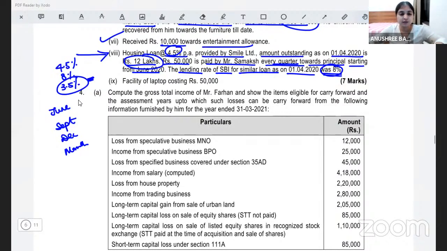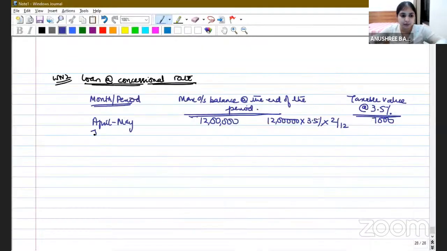So if he pays off 50,000, 11 lakh 50,000 will be outstanding. Till August, 11 lakh 50,000 will be outstanding. The next payment will happen only in September. So June to August. In June, he's paying off 50,000. So June outstanding will be 11 lakh 50. In July, no payment. August, no payment.